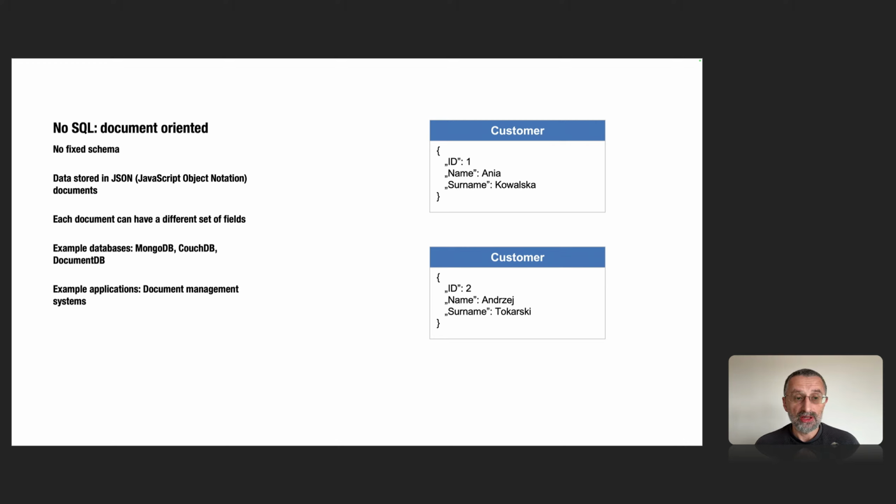Data are stored in JSON, JavaScript Object Notation, documents. Each document can have a different set of fields. This is very important, a different set of fields. Example databases are MongoDB, CouchDB, DocumentDB. Example application, document management system. So this is the first type of not only SQL databases, document-oriented.